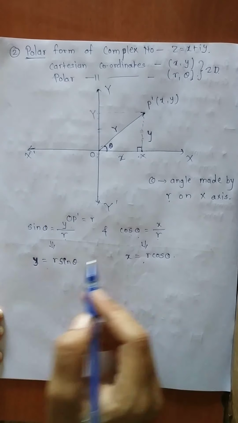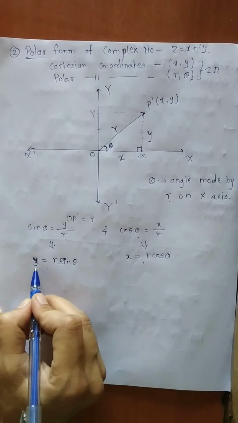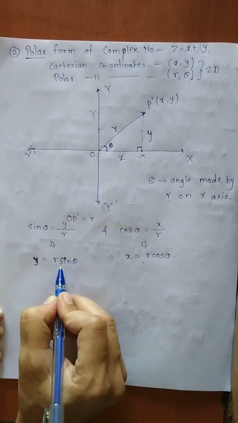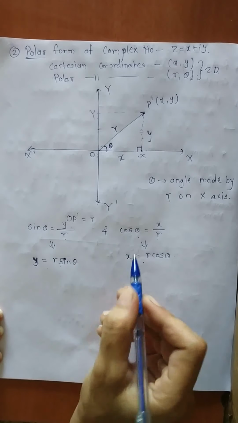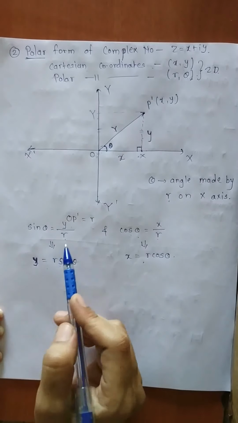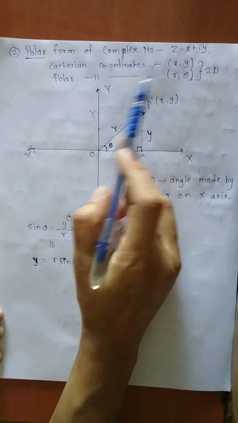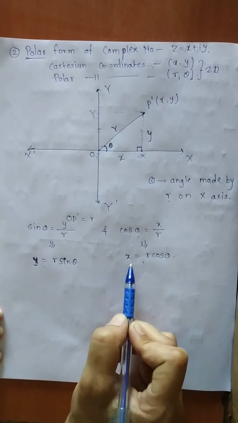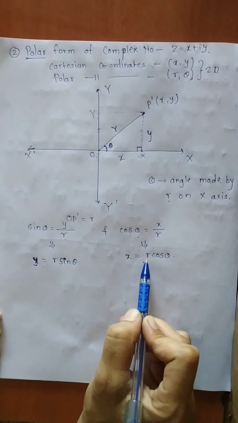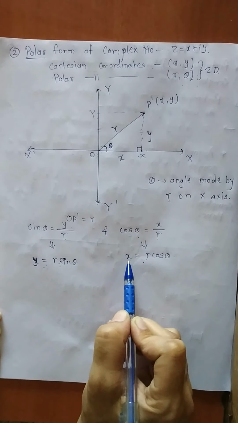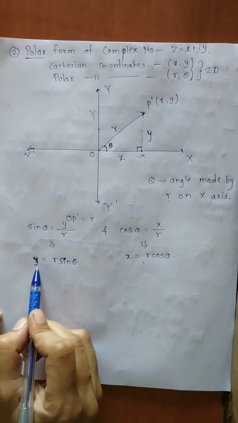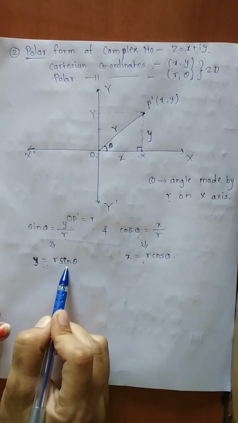Now see what we did: we derived the relation between Cartesian coordinates and polar coordinates. x and y are our Cartesian coordinates, and r and theta are our polar coordinates. So we derived the relation that x is equal to r cos theta and y is equal to r sin theta.